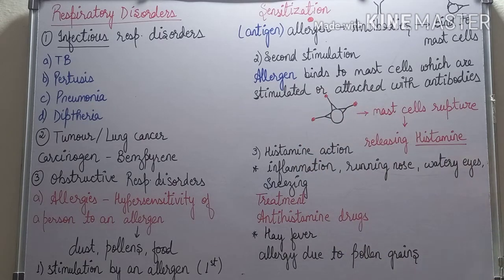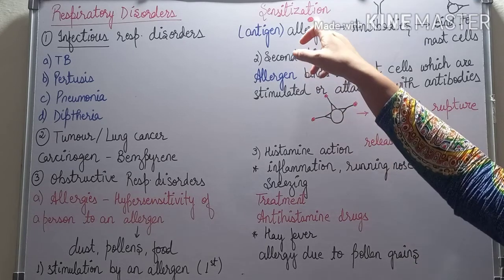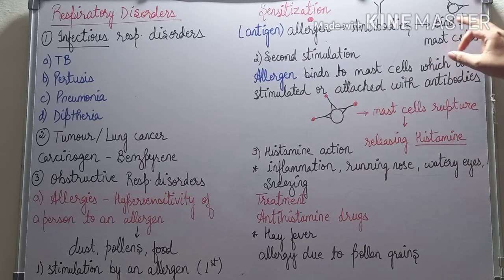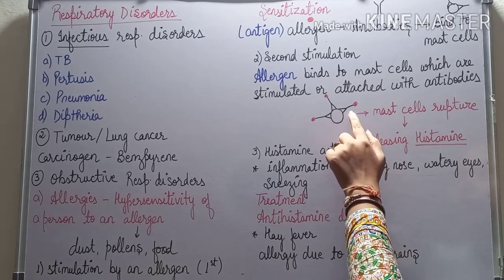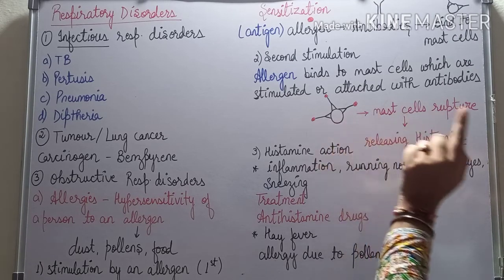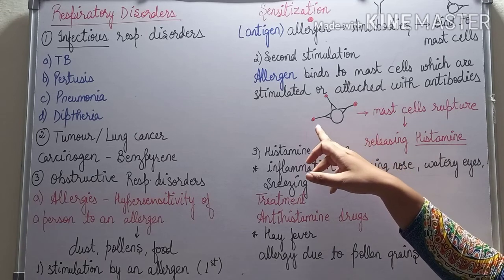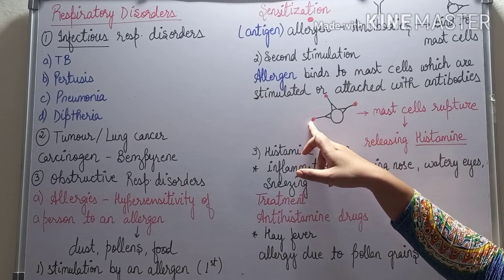As you can see, the allergens I have shown with a red dot, antibodies are shown with Y shape, and the mast cell is a circular structure. In the first step, these antibodies were already bound to the mast cells, and now along with that, these allergens also get attached to the antibodies.